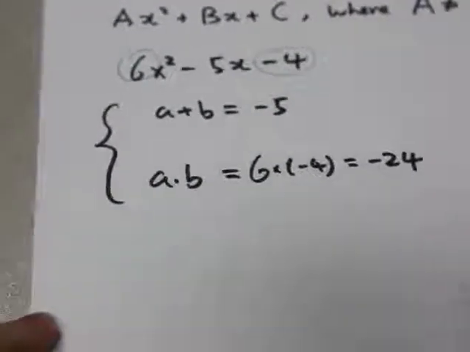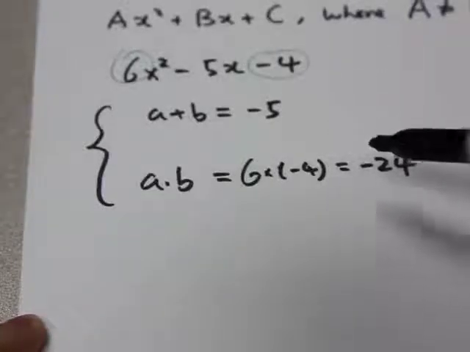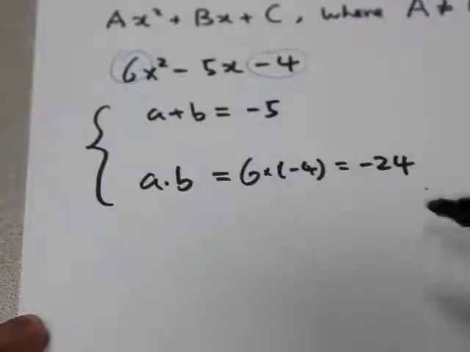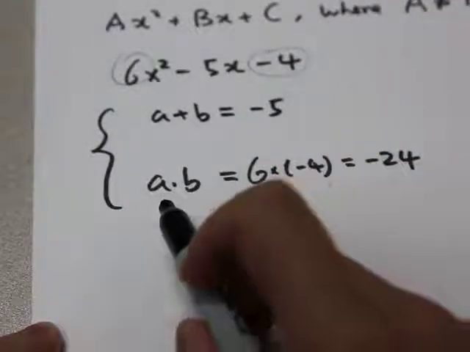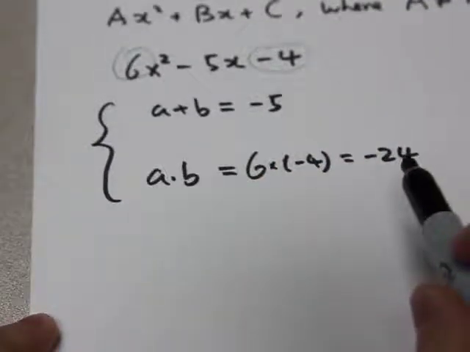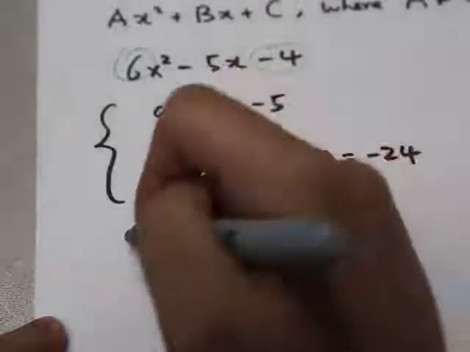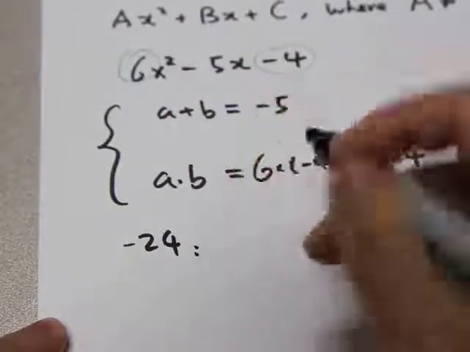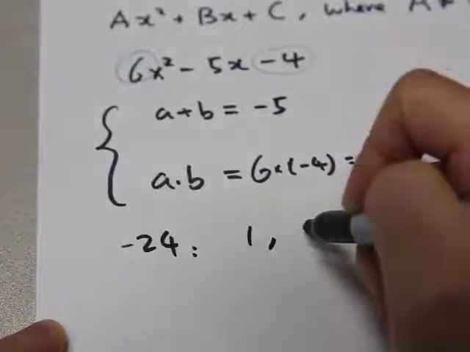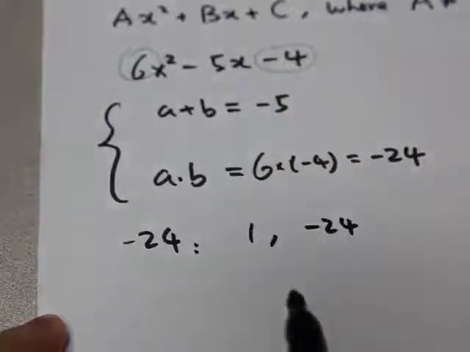Okay. So then we will need to search for these two numbers according to these two conditions. So A and B are factors of -24. Therefore, we start to look at all the factors of -24.